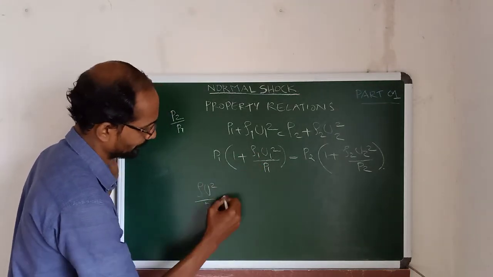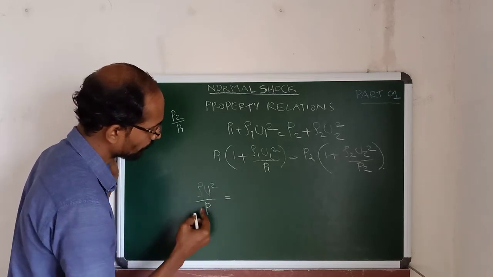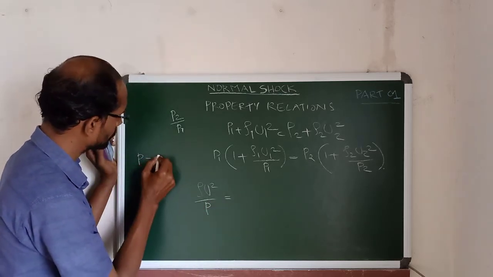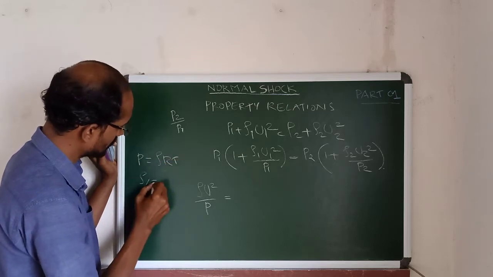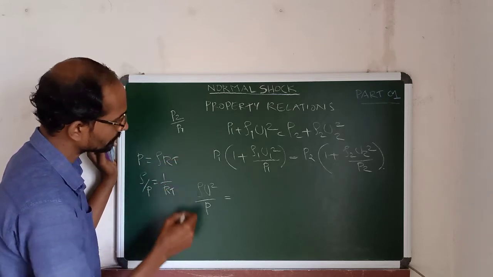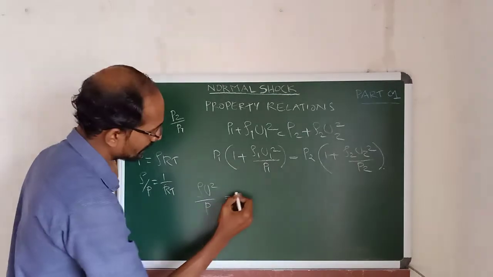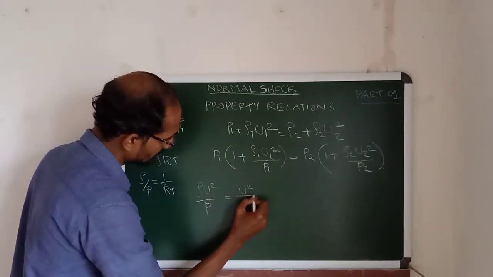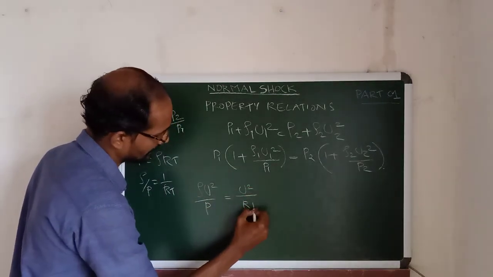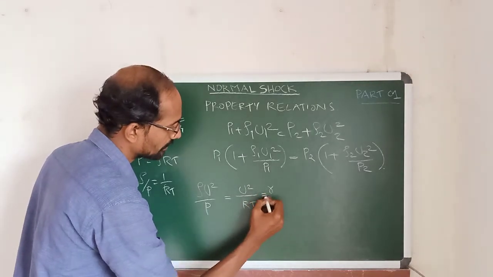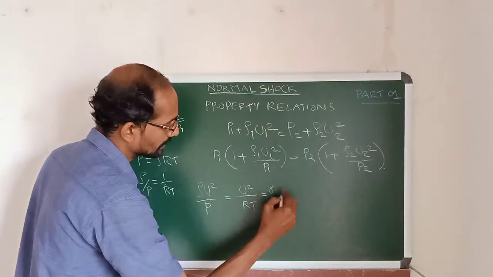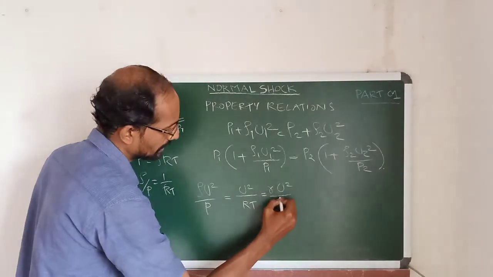Now we will look at this quantity, rho u square by P. What is this quantity? I can write what is rho by P. We know that P is equal to rho R T. So rho by P is equal to 1 by RT, isn't it? Then I can write this as u square by RT. Now I will multiply by gamma on both sides, that is equal to u square by gamma RT.